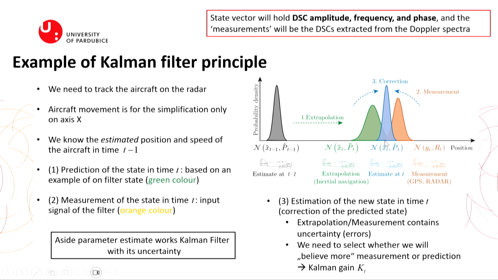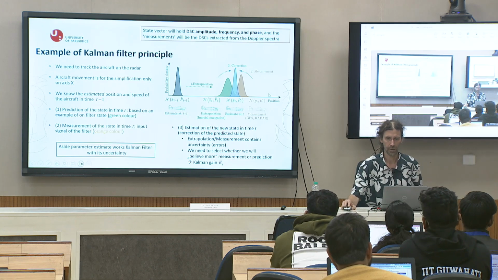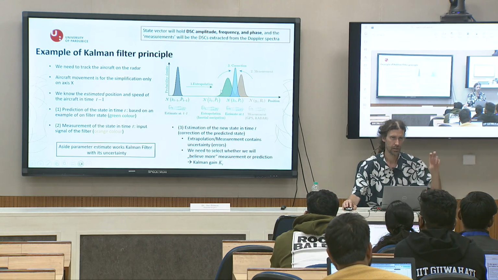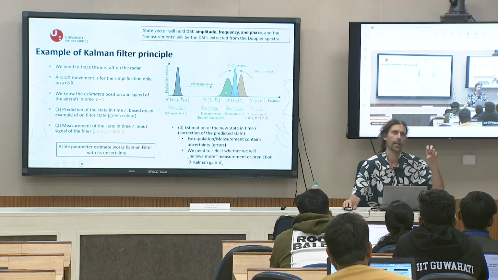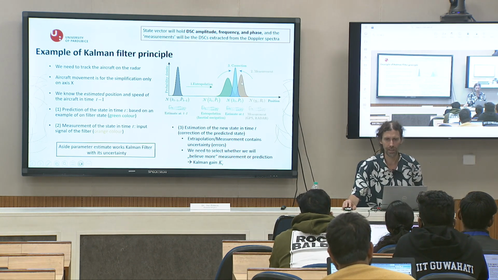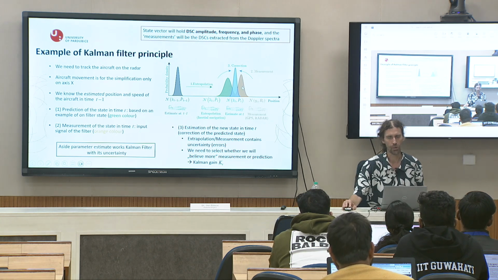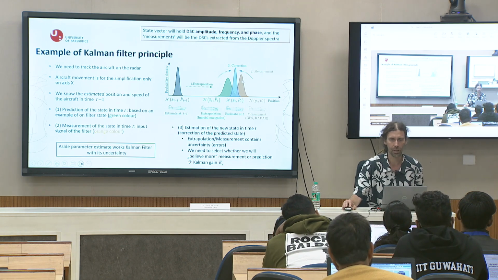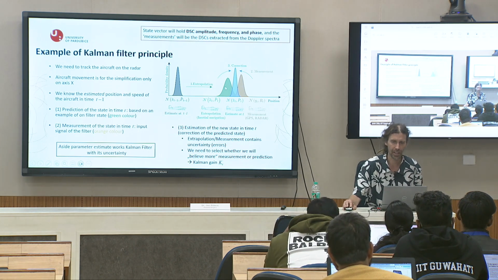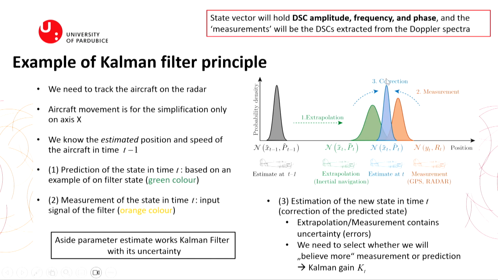And of course, if it is wider, then there is bigger uncertainty, so it means that this is a worse value than this orange one, so our Kalman filter will believe more in this one, and from this green one and the orange one it will make this blue one. It is this correction.